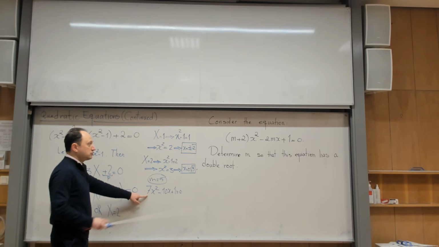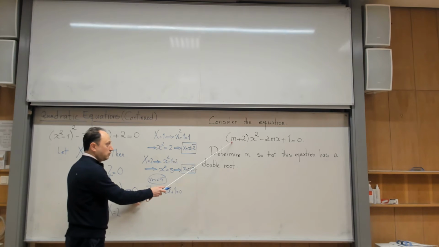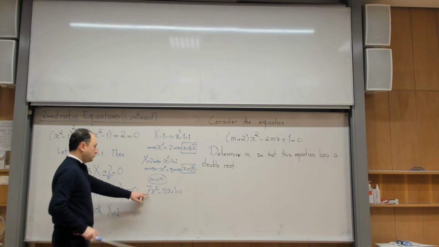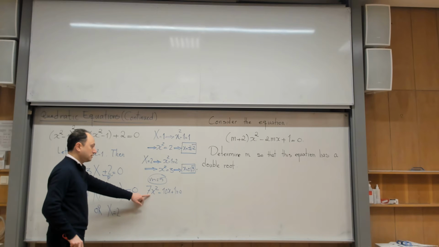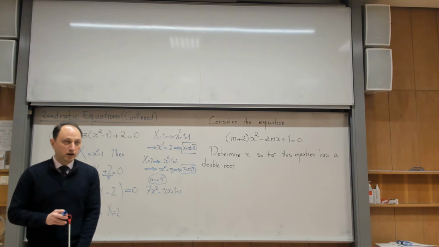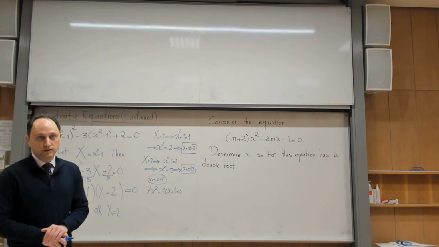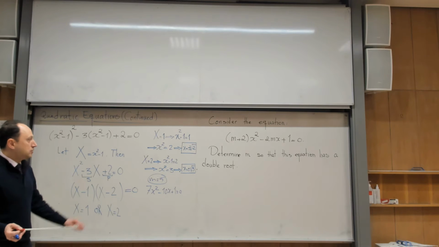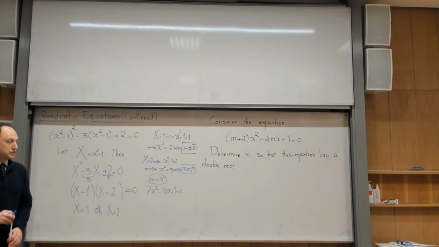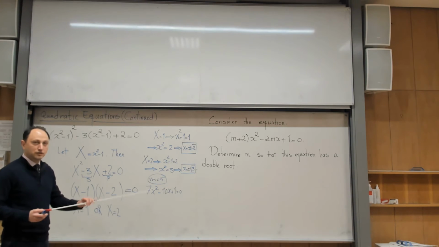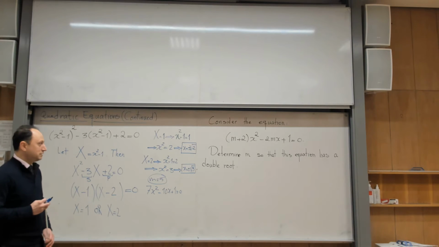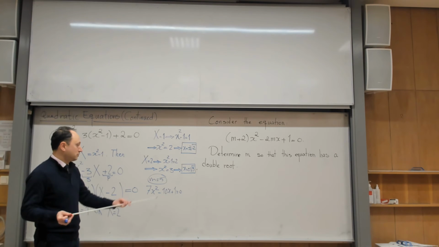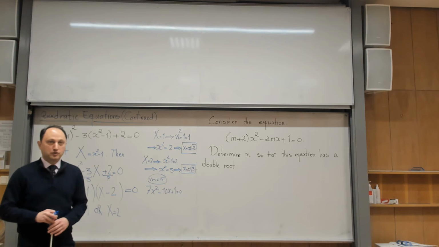My goal is to choose m in a way that when I generate that particular quadratic equation, it has one double root. So let me ask you, how do you think I can solve this problem? Because I cannot start doing trial and error. There are infinitely many possibilities for m. I cannot choose one of them and solve the equation to see if it works or not.